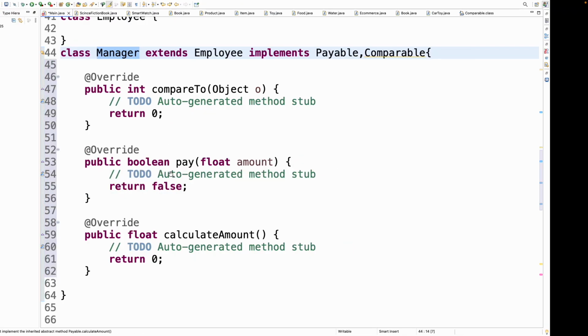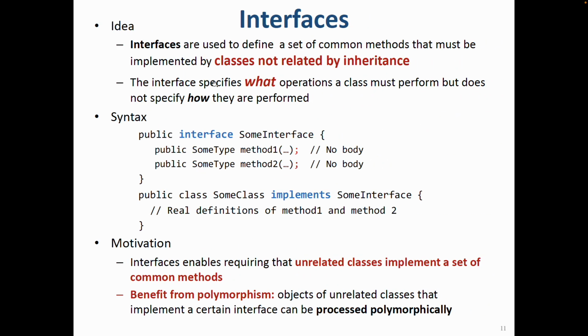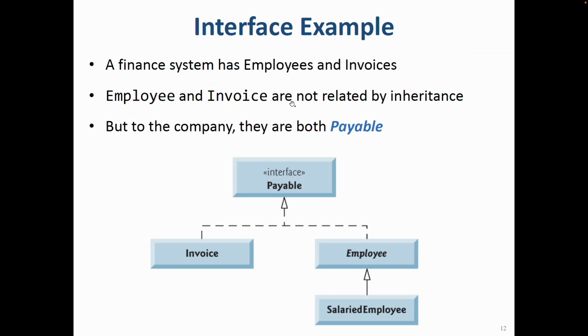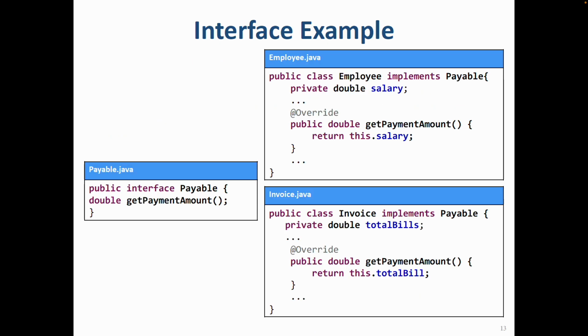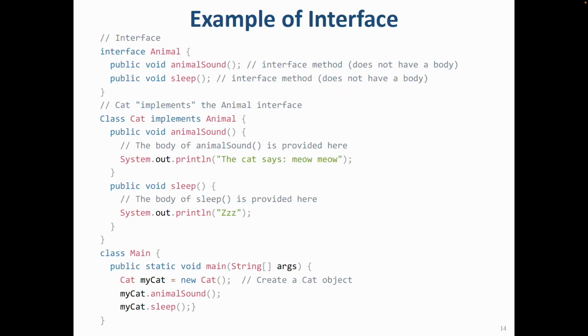So let me go back to my slides to check if I missed anything here. Nope, not here. Not here. This is the same example, so that's why I'm skipping. Well, this is just one more example if you would like to see.